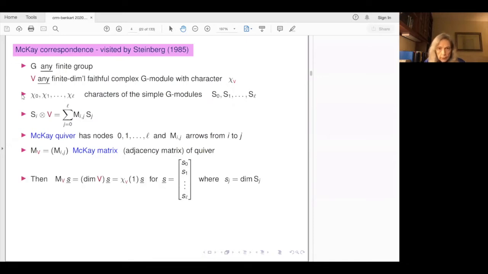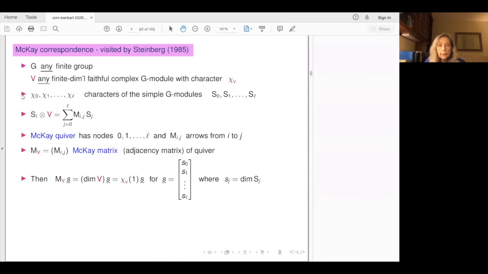And then one of the things Steinberg proved was that, in fact, the dimensions of the simple modules form an eigenvector for the McKay matrix, and the eigenvalue is the dimension of V.